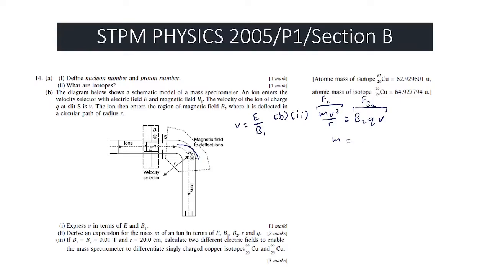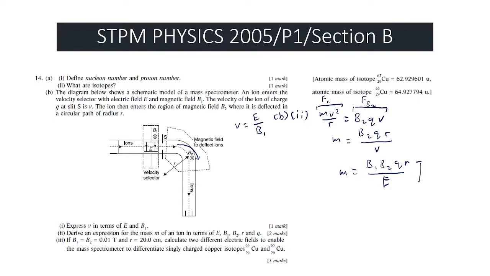This V can be cancelled out, so we get B2QR per V, and we substitute V equals E per B1, we will get B1B2QR per E. I think this is our answer for this B2.